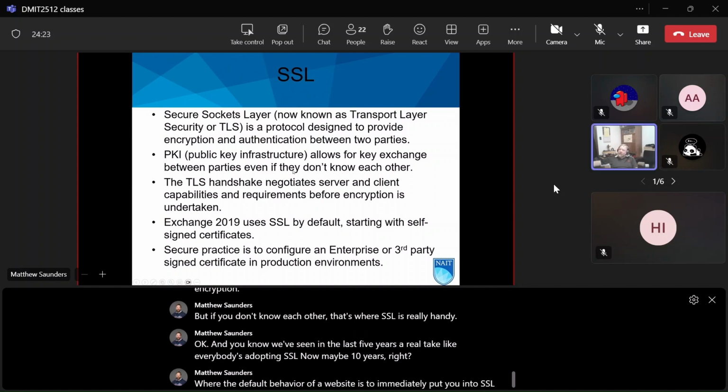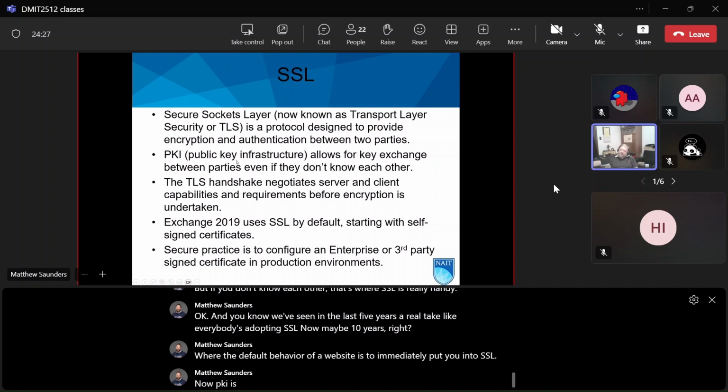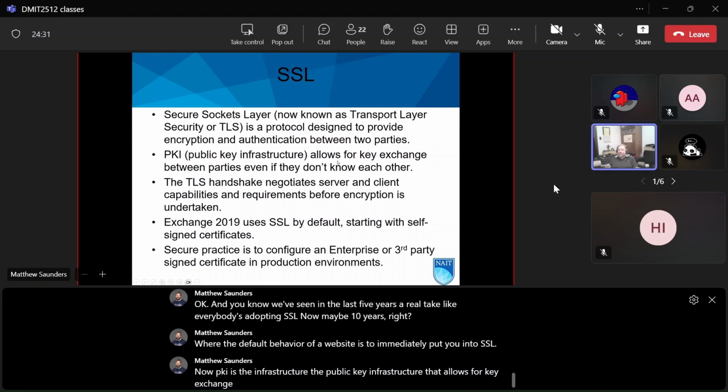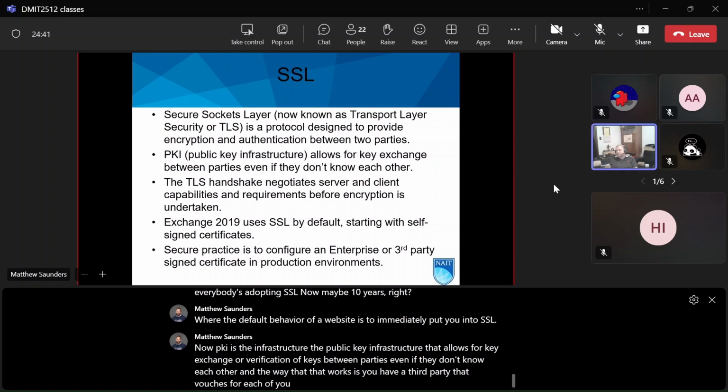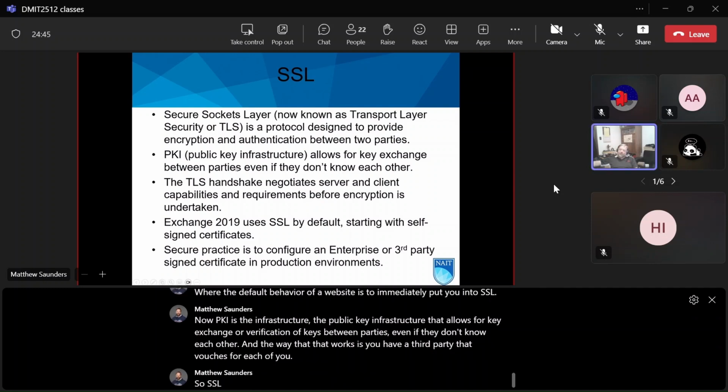Now, PKI is the public key infrastructure that allows for key exchange or verification of keys between parties, even if they don't know each other. The way that works is you have a third party that vouches for each of you. So SSL requires PKI in order to be legit.